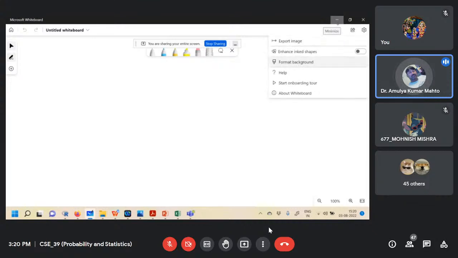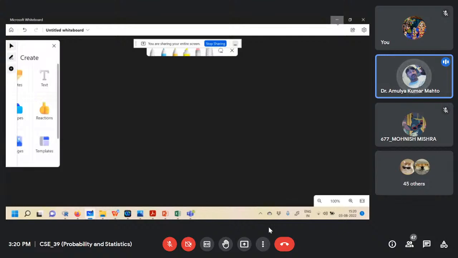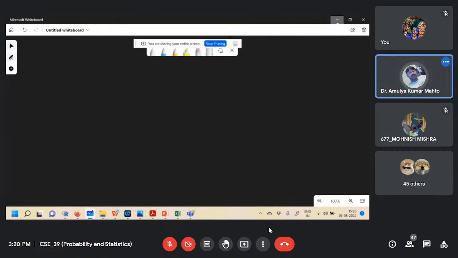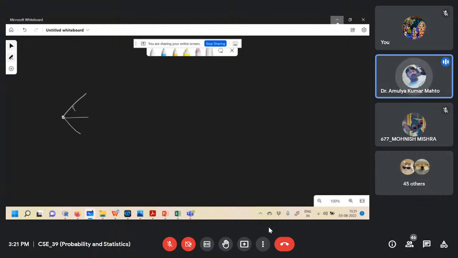The tree diagram is like making a kind of tree with information about your problem. Suppose I'm starting an event. We have three brands: this is brand 1, this is brand 2, and this denotes brand 3.